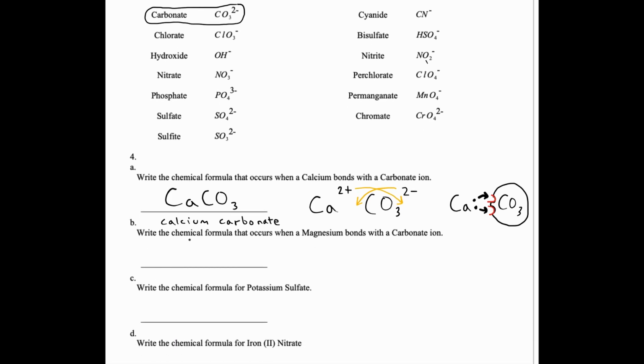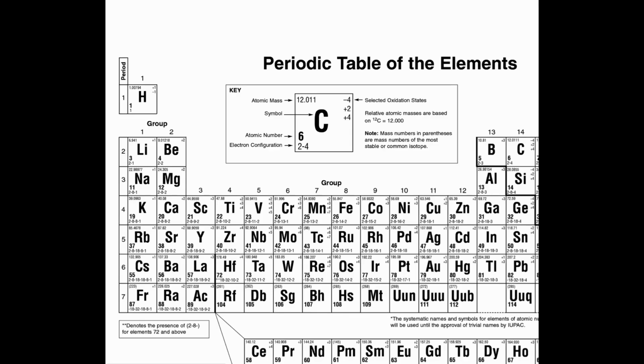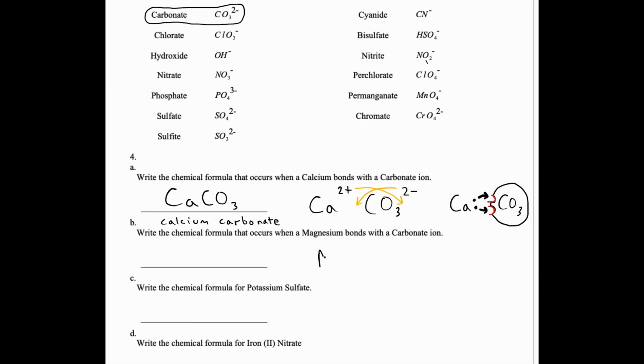This one says, write the chemical formula when a magnesium bonds with a carbonate ion. All right, so magnesium is in the second column. It's going to donate 2 electrons. And carbonate wants to accept 2 electrons.